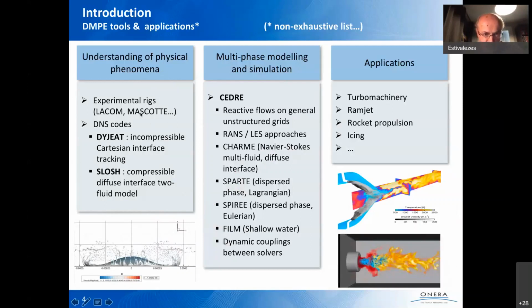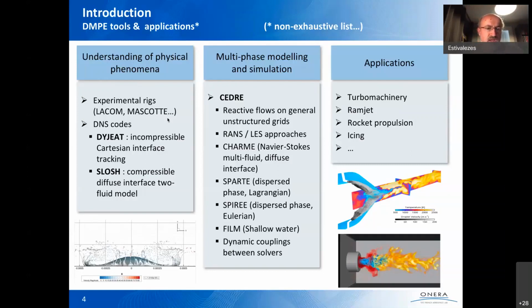This is for rocket engines. But in such a phenomenon, it's often difficult to have accurate investigation tools to see what's going on in the near zone of the injection system.